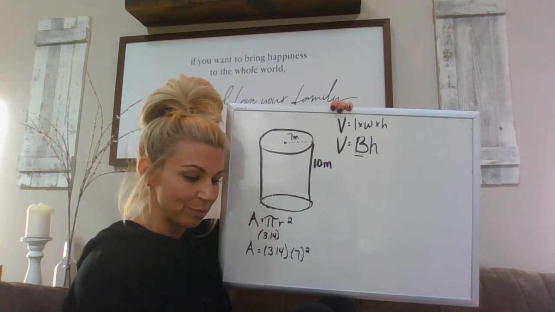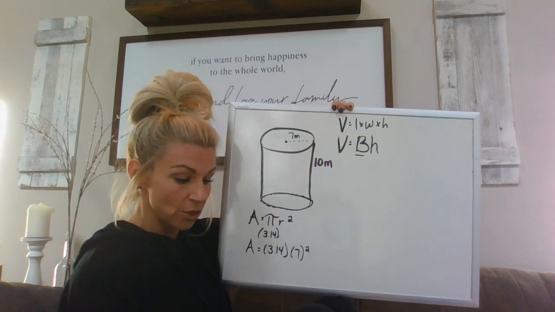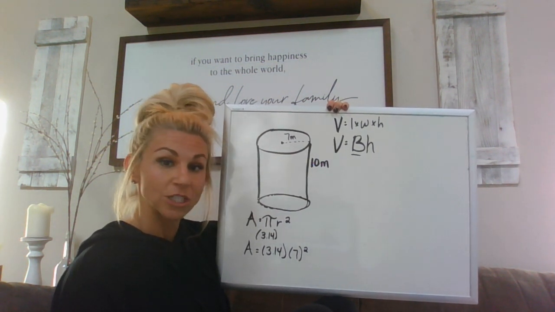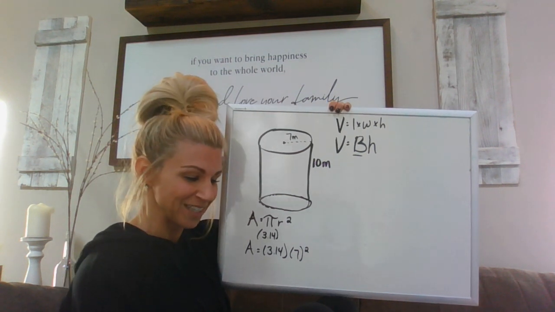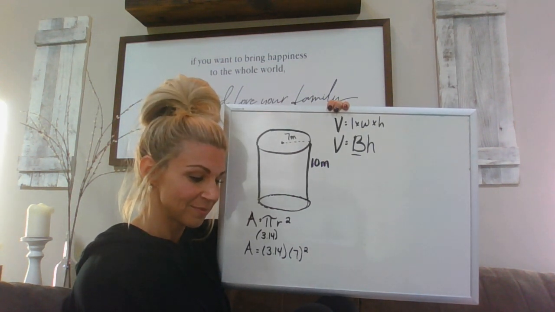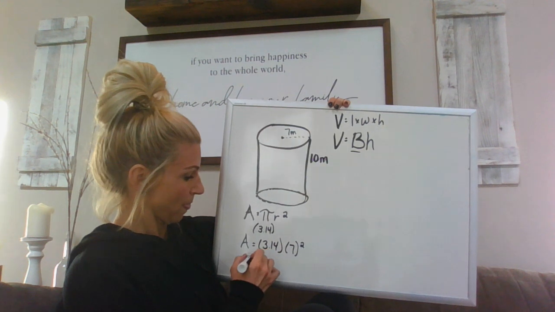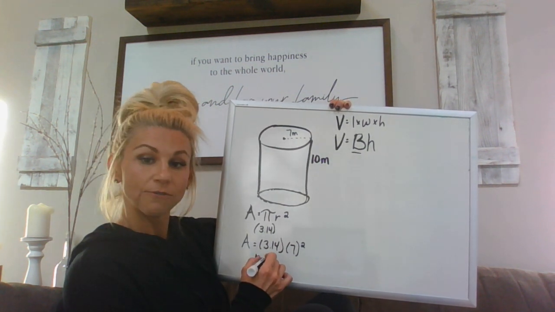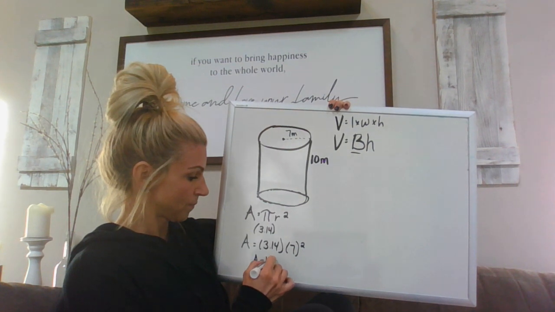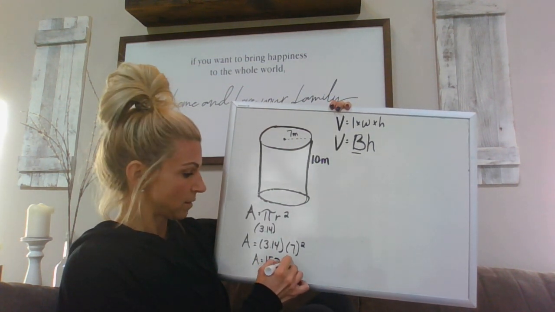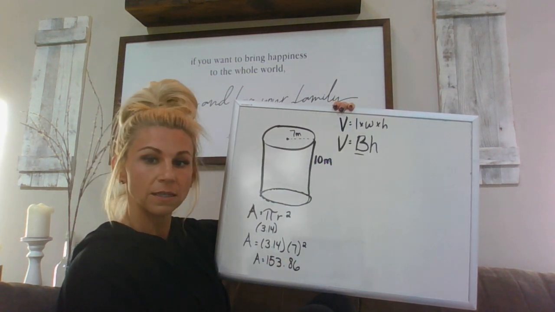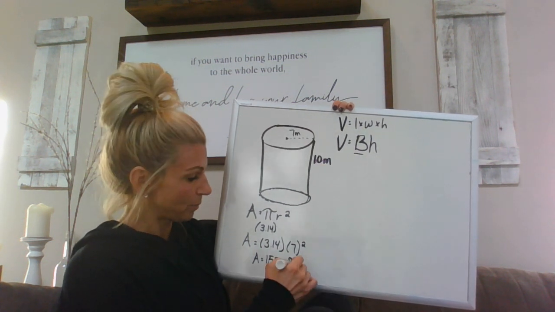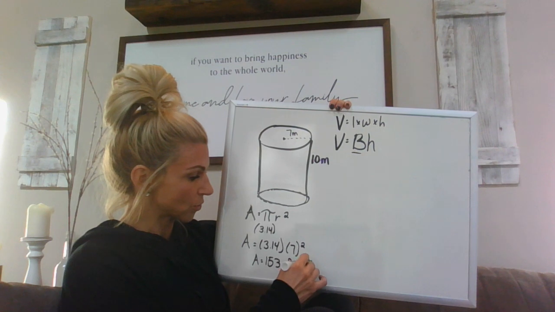So we're going to plug in our problem. 3.14 times 7 squared, which is, everybody, 49, equals, so the area of our circle is equal to 153.86, and since it's area, it would be meters squared.